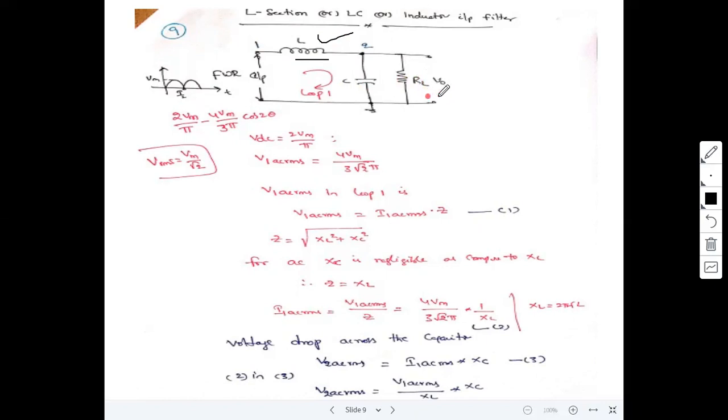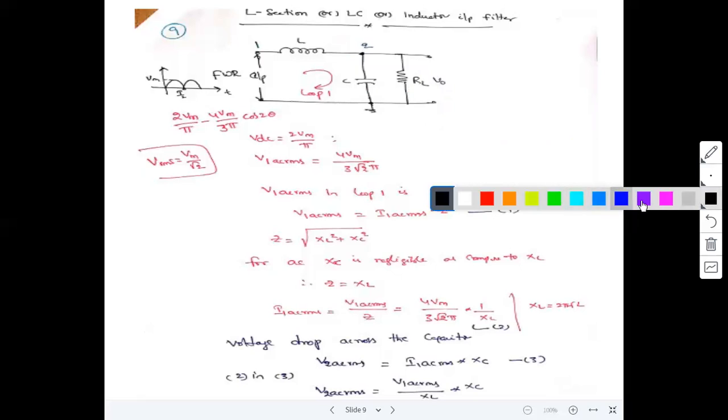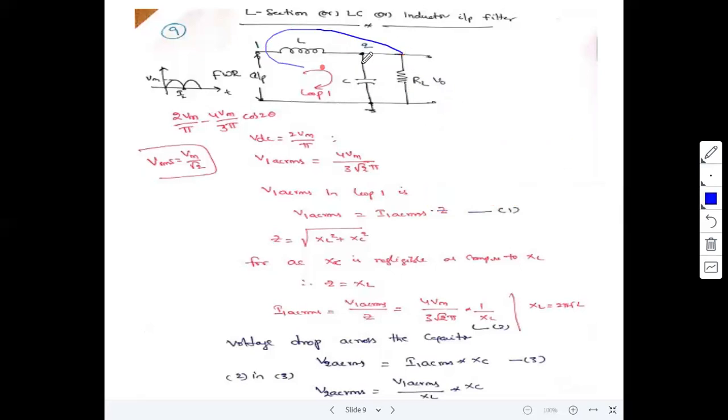That means as RL increases, the ripple factor decreases, since RL is in the denominator. For the inductor filter, the ripple factor is directly proportional to RL.